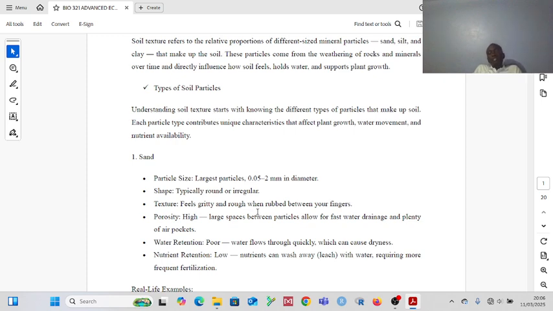Given that water can move fast through these particles, moving water equally can wash away the nutrients. So sand particles have very low ability to retain nutrients.